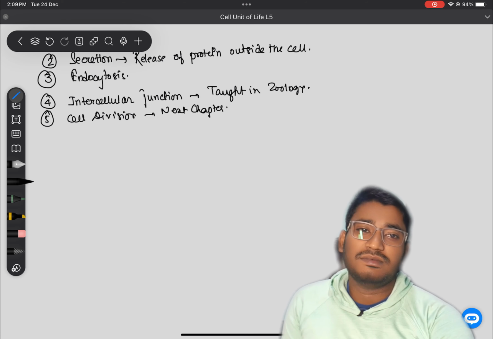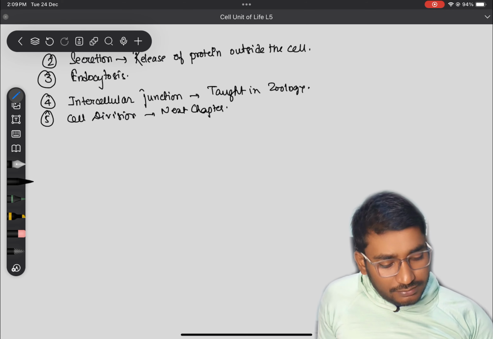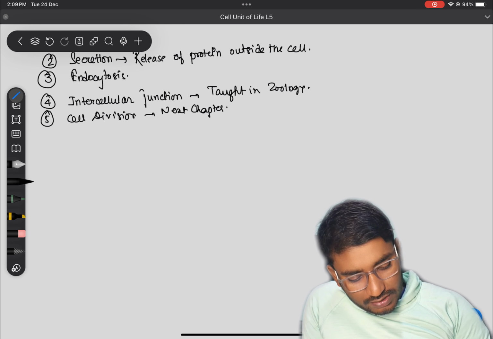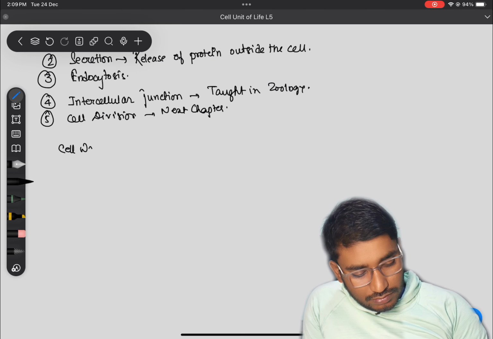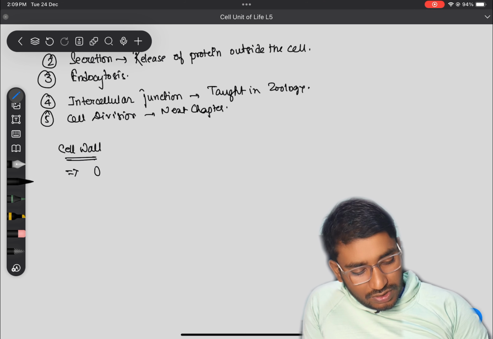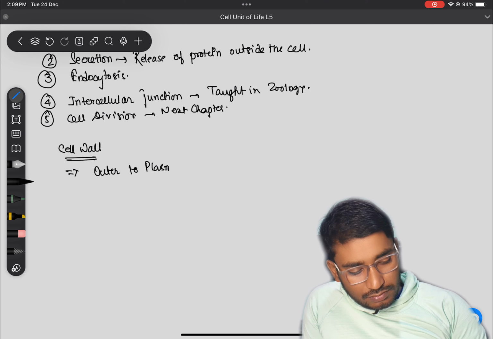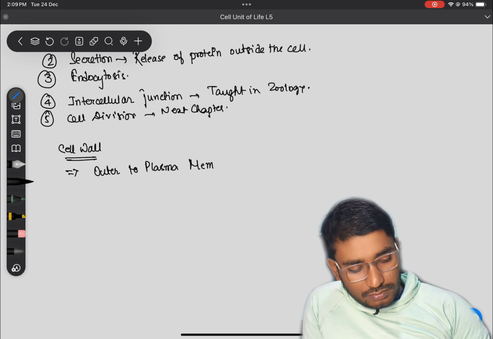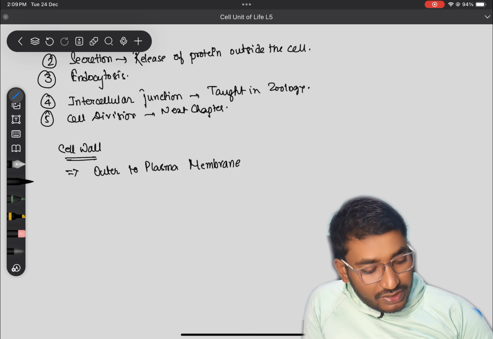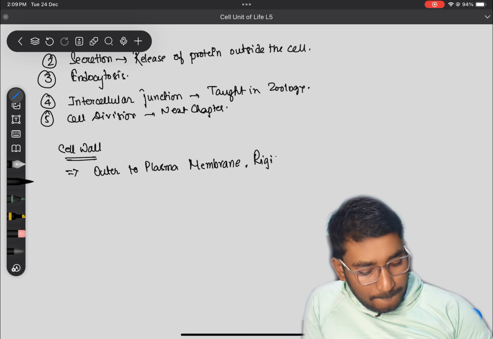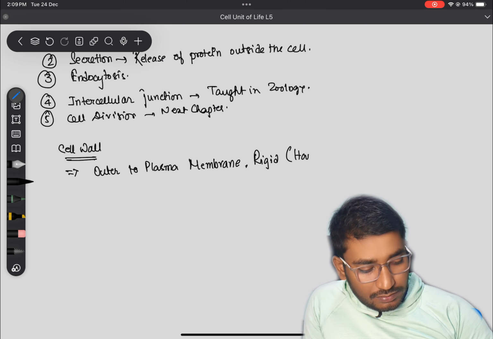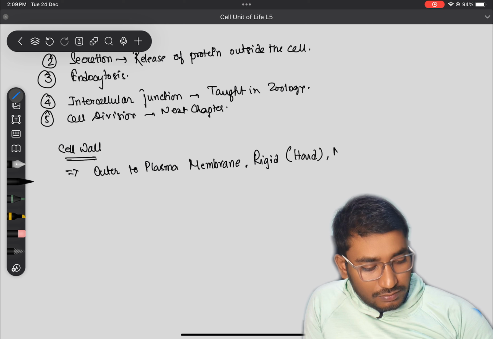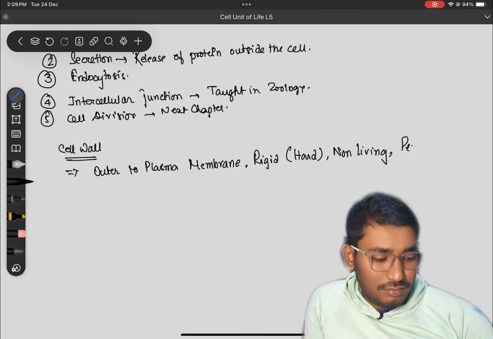Cell wall: outer to plasma membrane, rigid, hard, non-living, permeable.